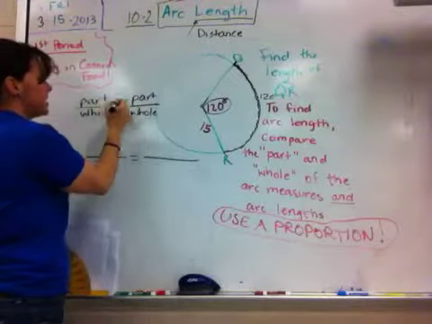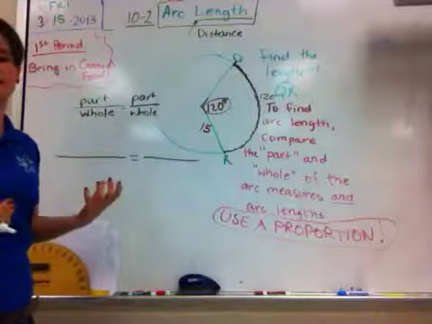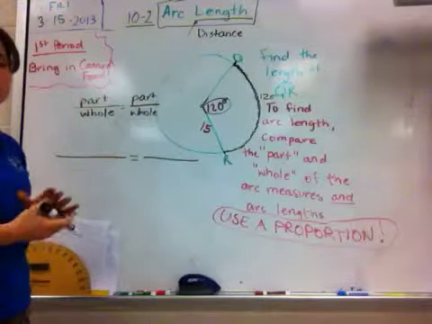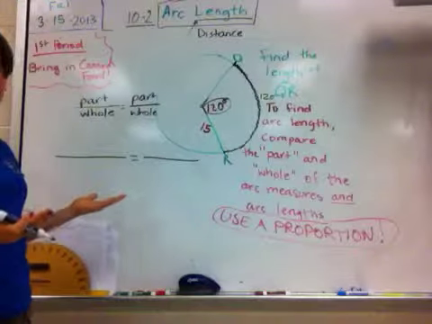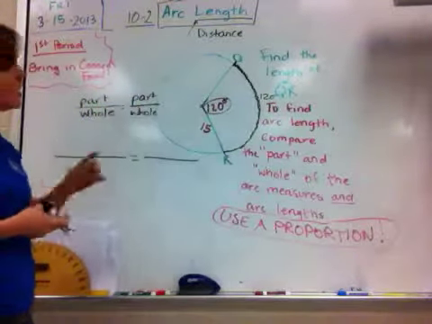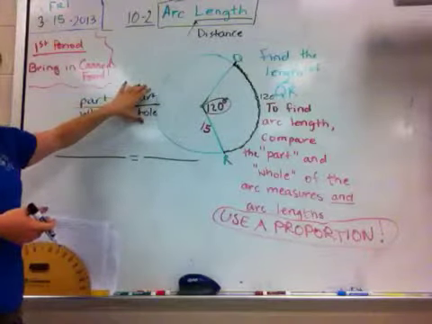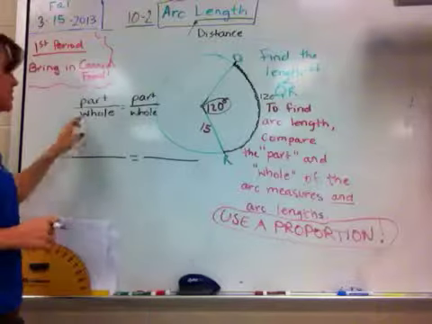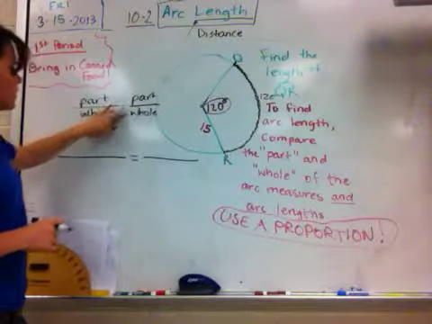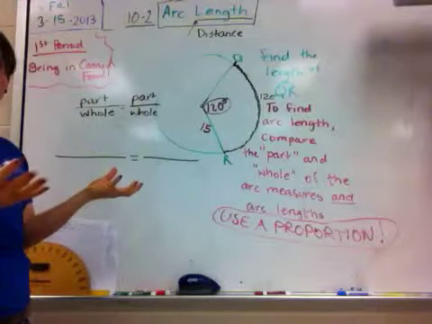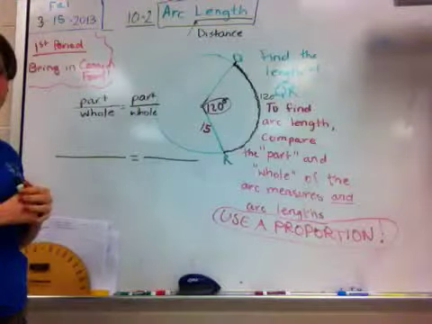If we can do the same stuff here, like part over whole equals part over whole, this is a proportion setup that we can always use to help us find something like arc length. This also works in probability, and we'll work a little bit with probability later in the semester. Part over whole equals part over whole. You can always compare two things and set up a proportion with anything.